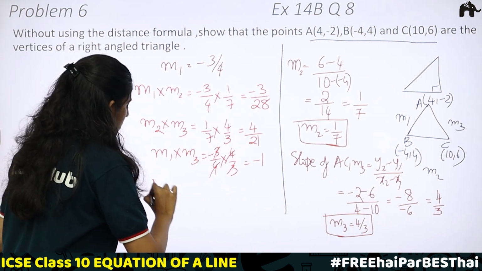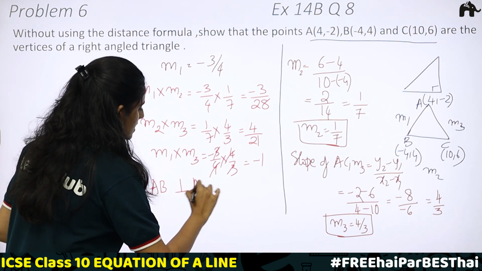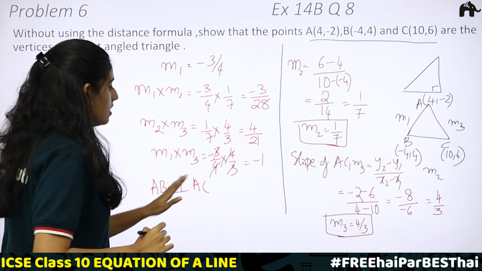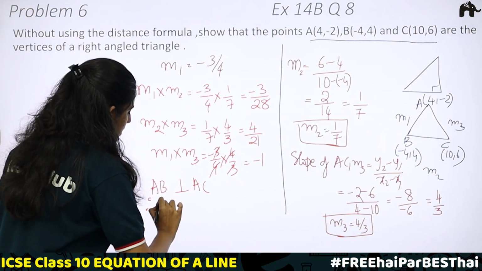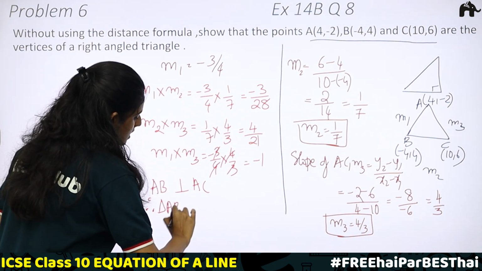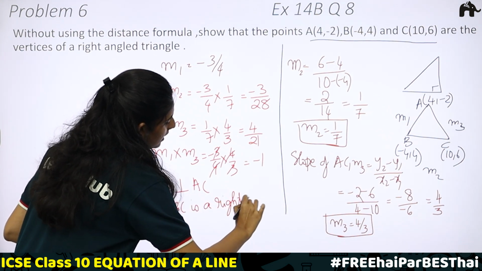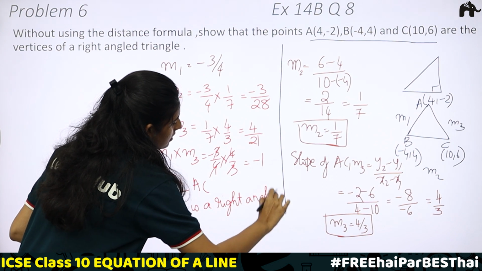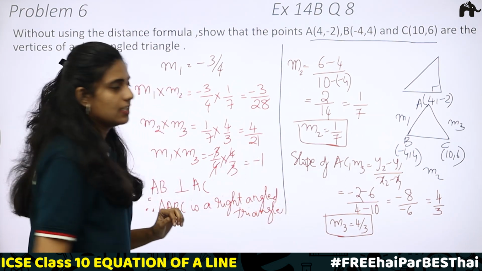Which means AB is perpendicular to AC. We got two sides perpendicular and therefore triangle ABC is a right angled triangle.